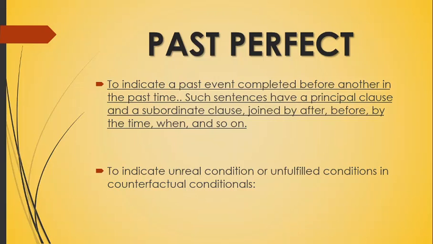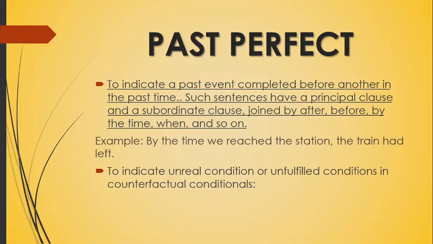Let's have an example to make this even more clear. By the time we reached the station, the train had left. So you see, at the point of speaking, that is right now, two actions have already happened in the past. We have reached the station and the train has left. Now, between these two actions, the train left before we reached the station.